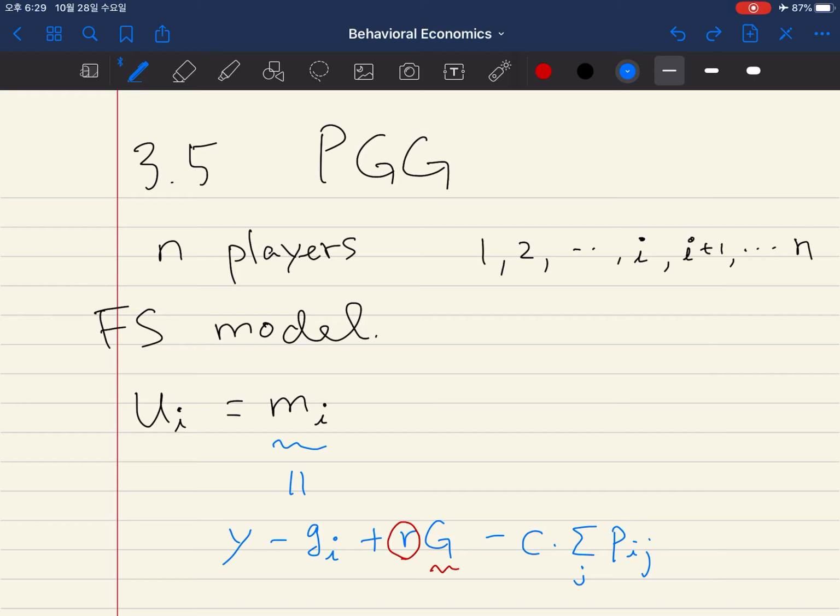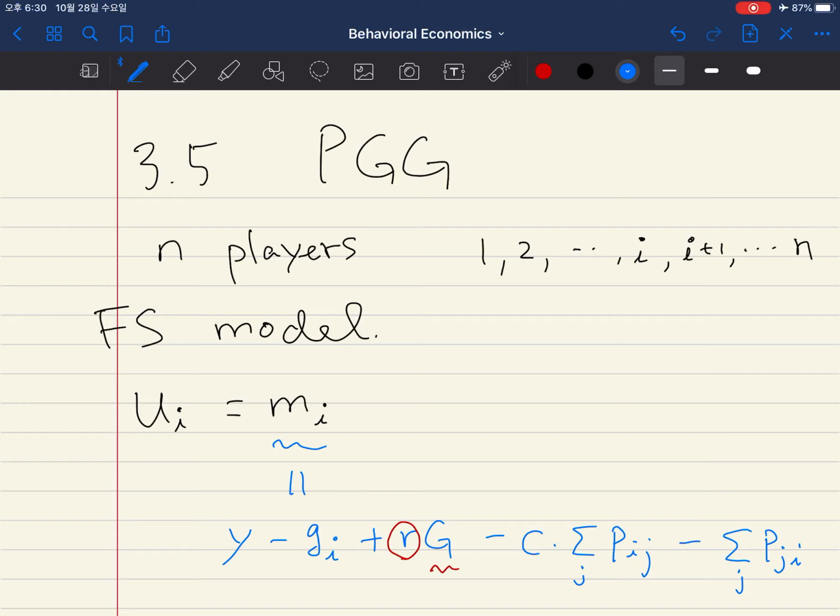So this is punishment cost, and here the last term is the punishment on individual i. So this last part represents the punishment imposed on individual i by other individuals in this game.